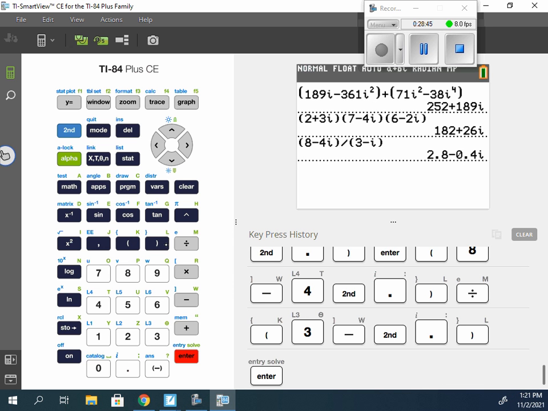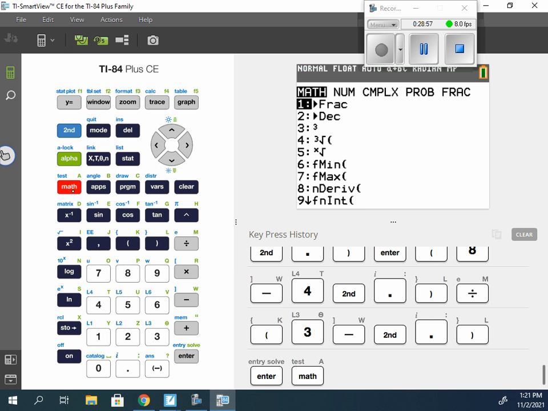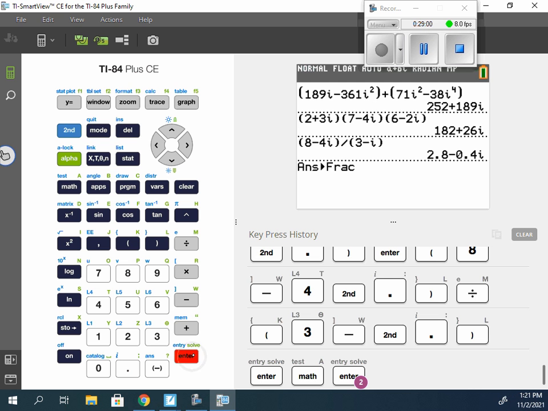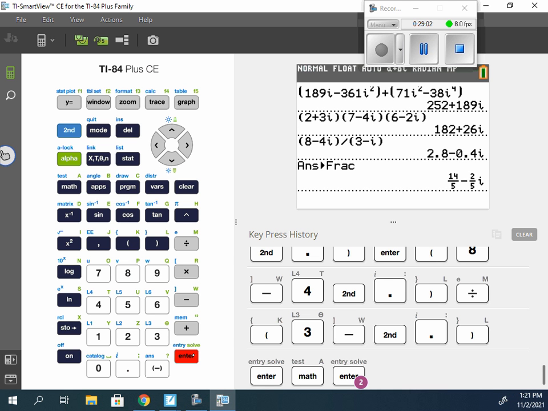Once we type it in like that, it will give it to us in decimal numbers. But we need to convert it back from a decimal to a fraction. To do that, we would hit math, enter, enter, and it'll convert it back to a fraction. So to do division, we type the numerator in parentheses divided by the denominator in parentheses, enter, and then math, enter, enter, to return it back to a fraction.